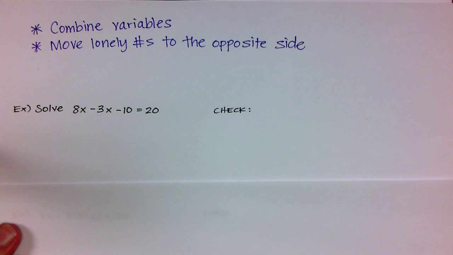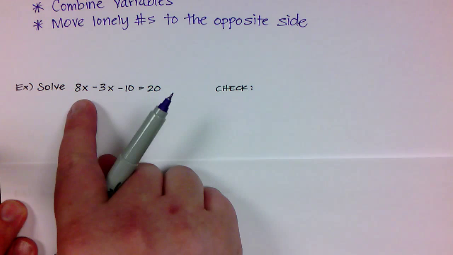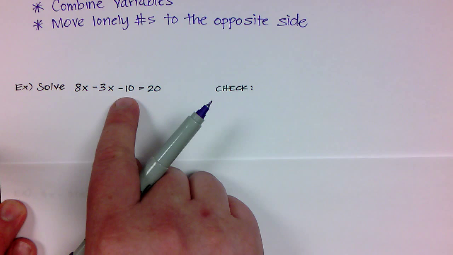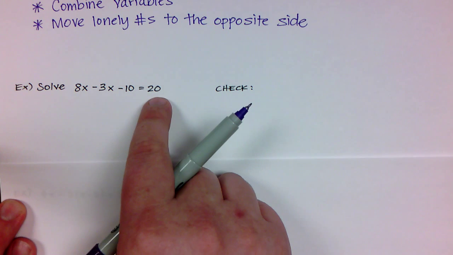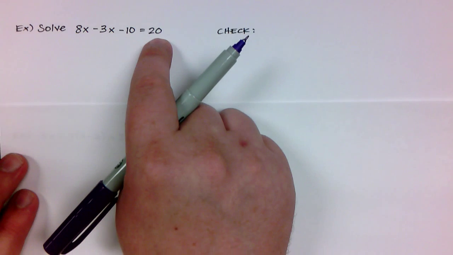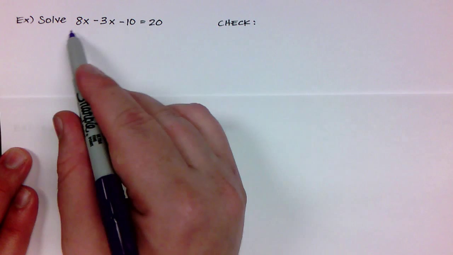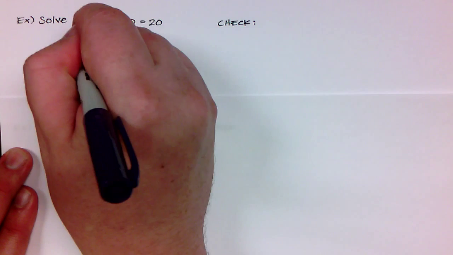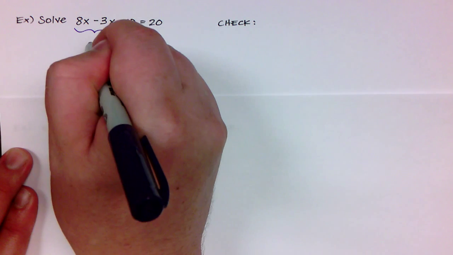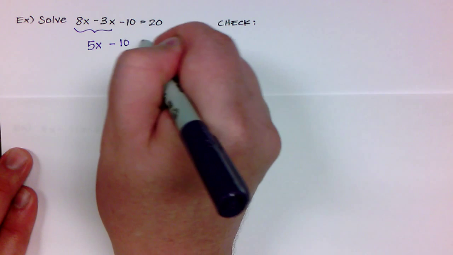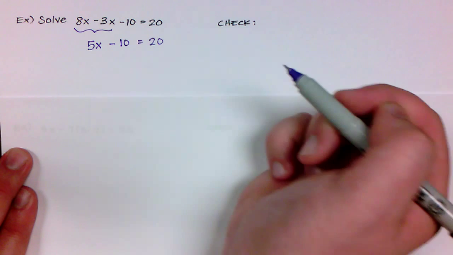So now I have a combination of two different sets of variables and a lonely number, and then a number on the opposite side of the equation. So at the beginning, I'm asked to solve this. So why don't we combine our variables? It looks like that's pretty easy to do. 8x minus 3x is going to be 5x. And then I'm going to rewrite the minus 10 equal to 20.